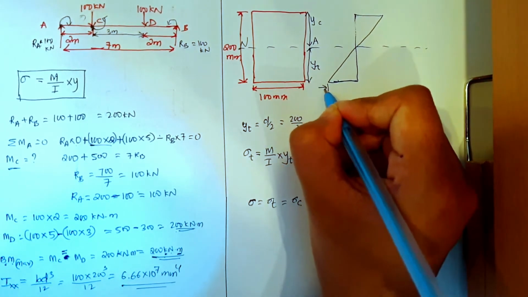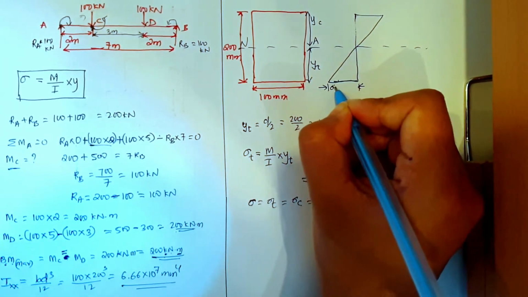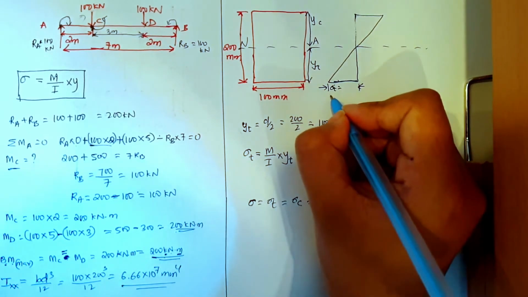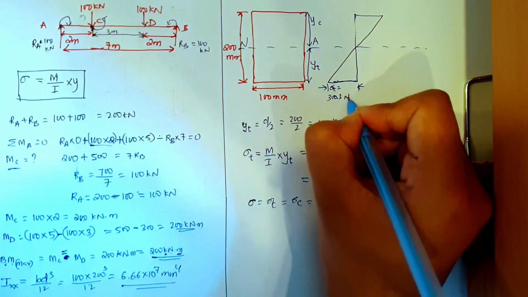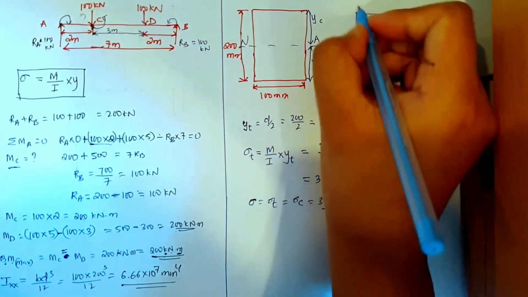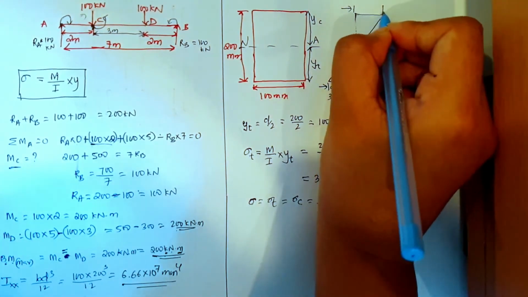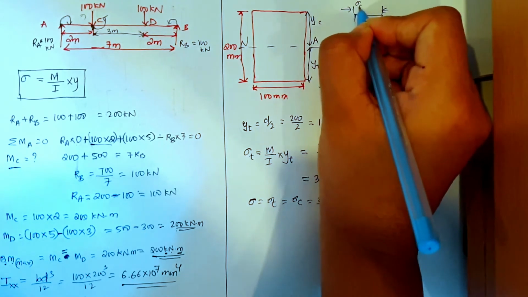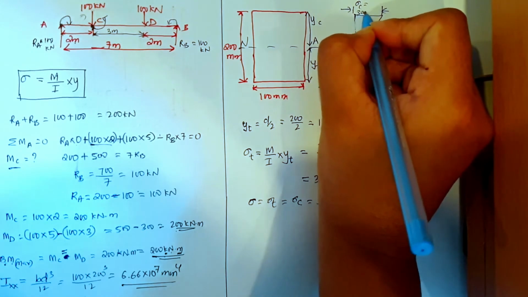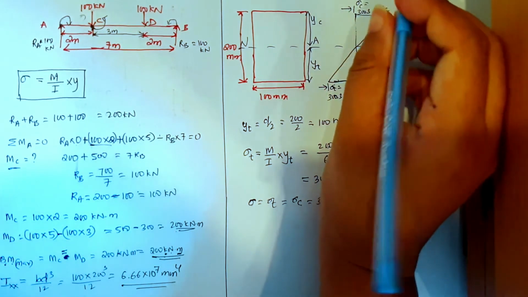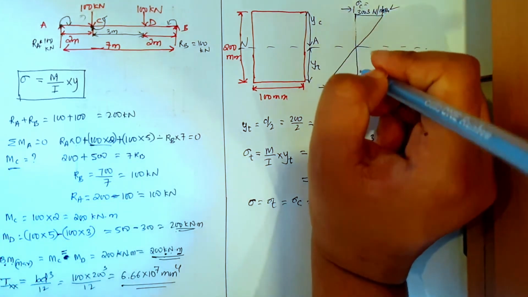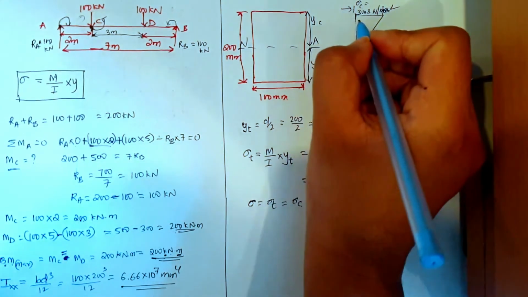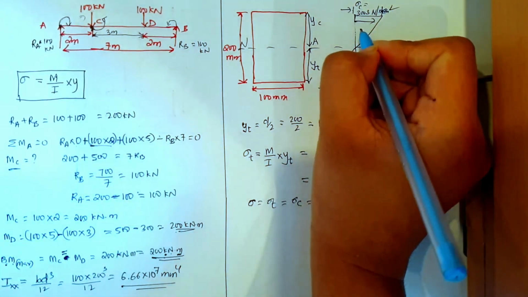From here to here it is sigma t equal to 300.3 Newton per mm square. From here to here sigma c equals again 300.3 Newton per mm square. Okay, so if you shade it, you can shade something like this.